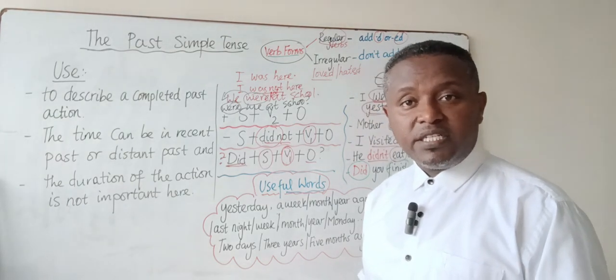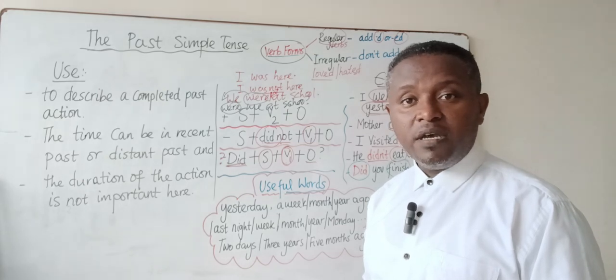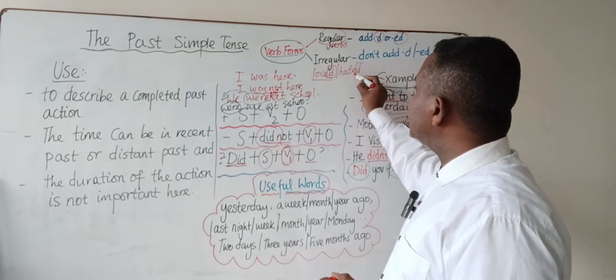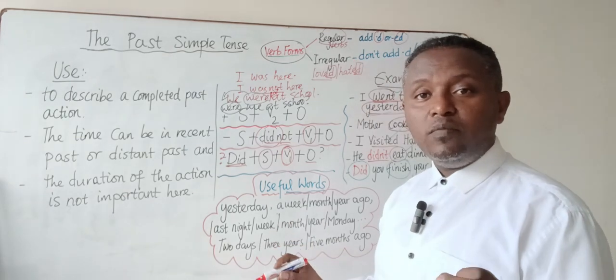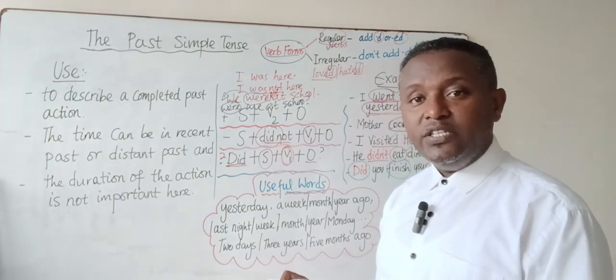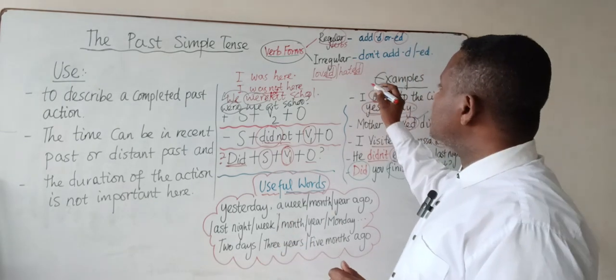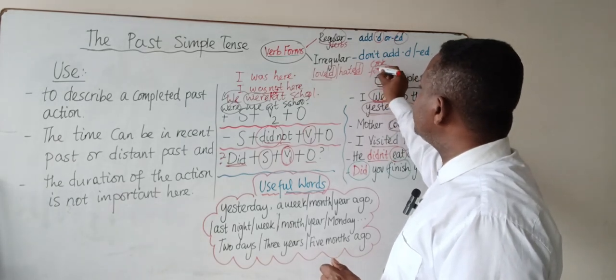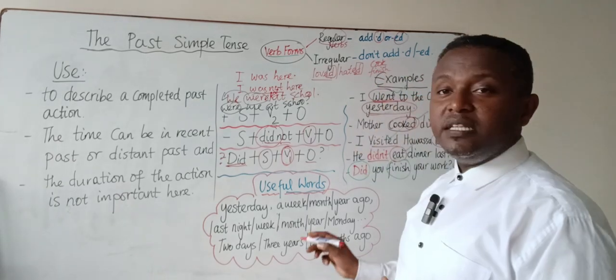I hated him, I loved her, etc. So this is one structure of the verb form that adds d only. And then the other ones, like cook and finish.